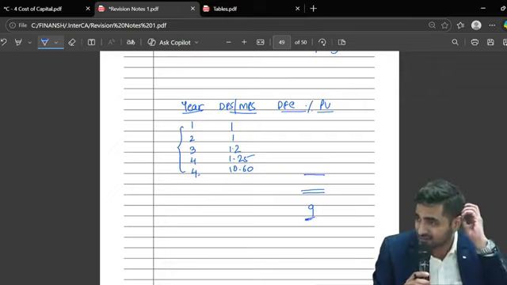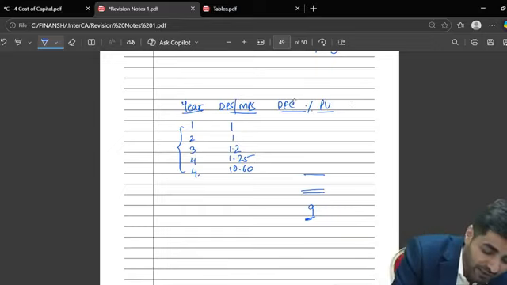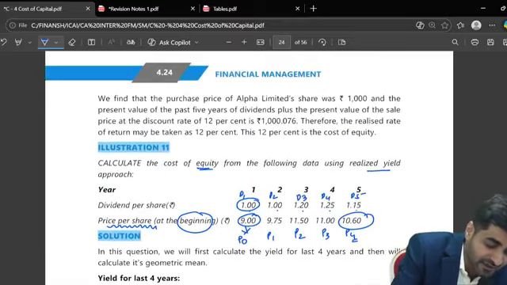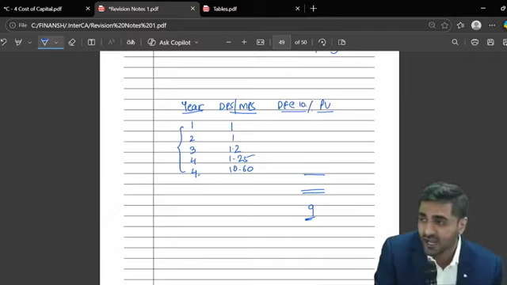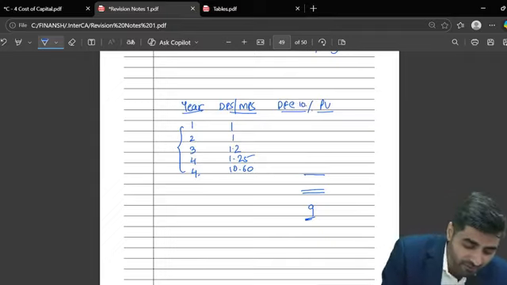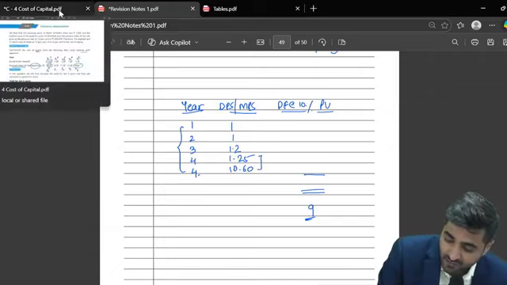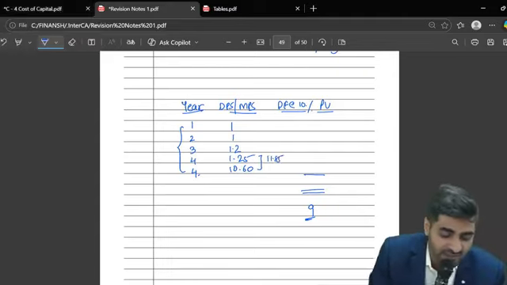So I have to discount it in such a way that I should be getting 9 rupees. So I will now take the discounting factor. Let us take a discounting factor of, let's say, 10%. Everyone give me what should be the final answer. See, this is 10.6 plus 1.25. So this will give me 11.85. Now let us discount this at 10%.